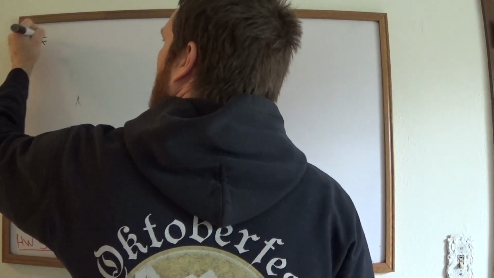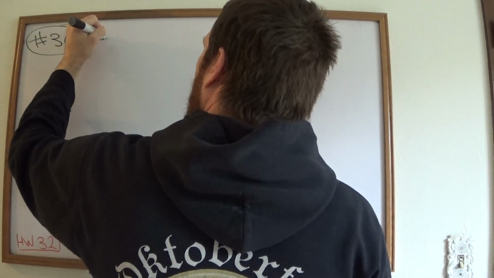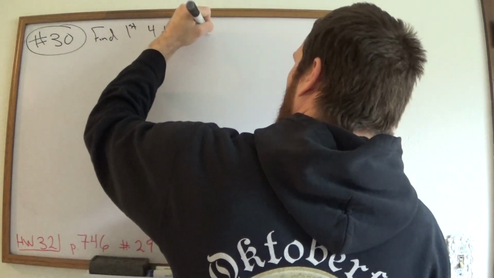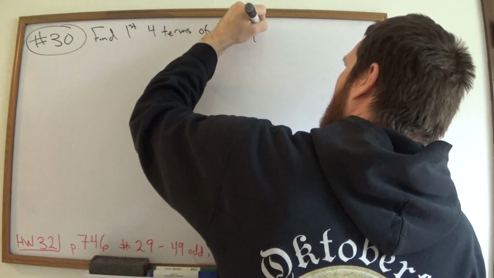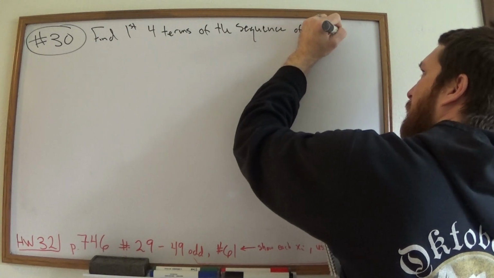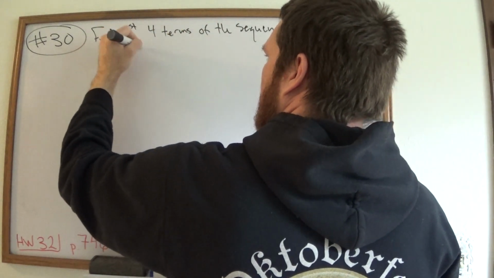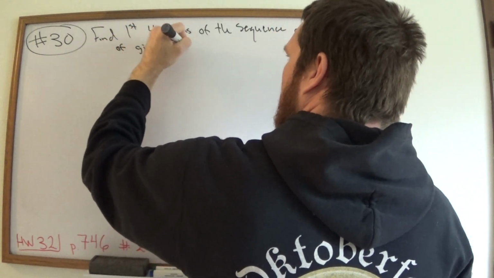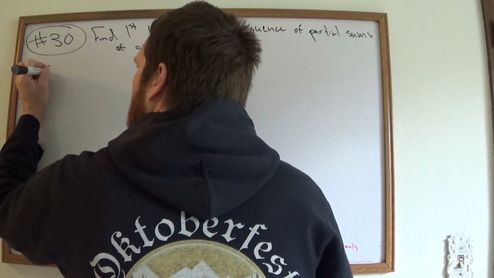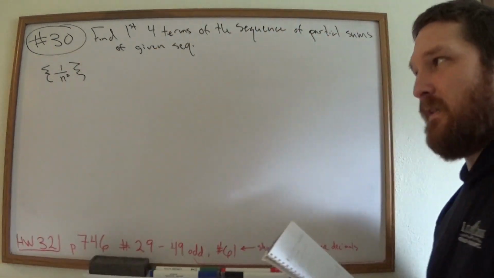So let's do it! Number 30 says, find the first 4 terms of the sequence of partial sums of the given sequence. So what's the given sequence? Well, in this case, they give you this sequence, 1 over n squared.